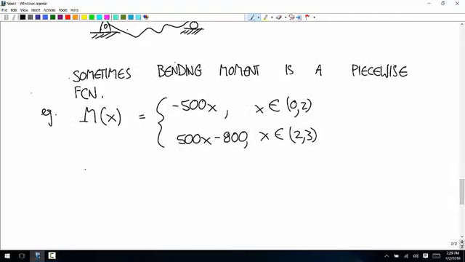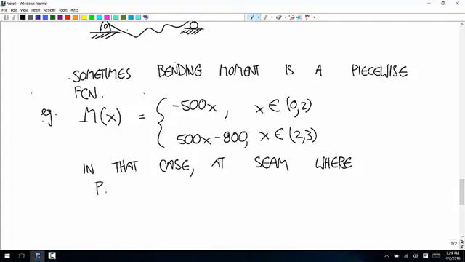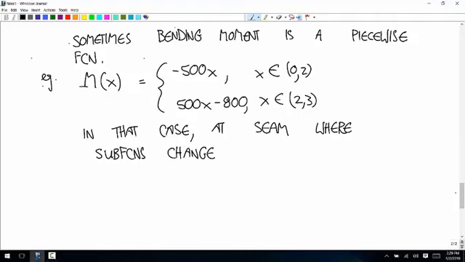In that case, at the, call it the seam, where the piecewise function changes, the subfunctions change, two things have to happen.